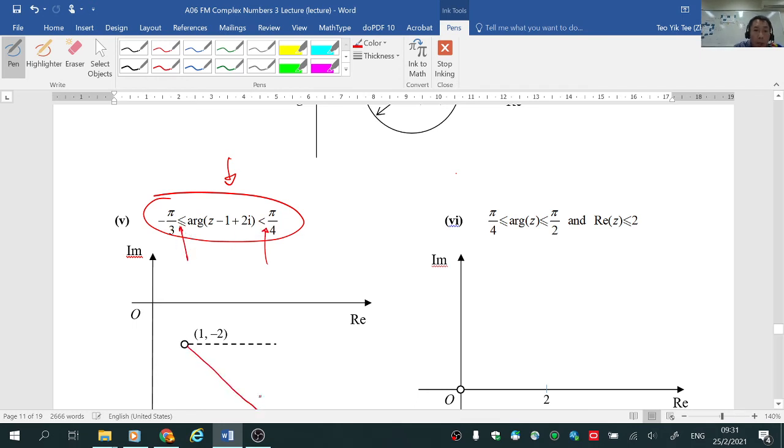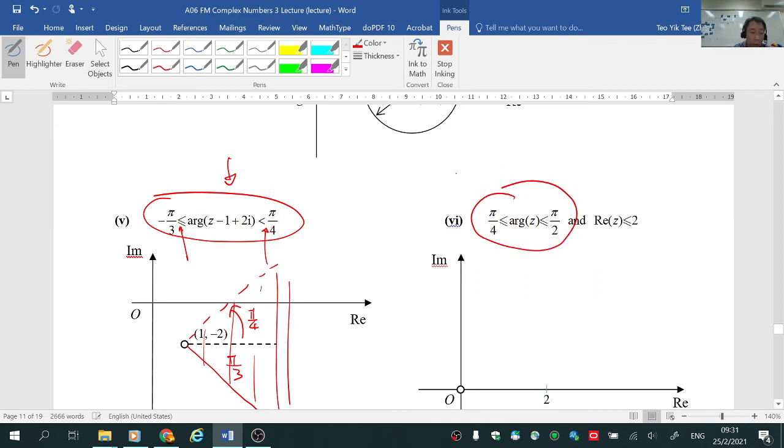So what you should have will be something like that. Pi over 4 upstairs, and then pi over 3 downstairs. And where is the region you're expected to shade? Everything inside here.